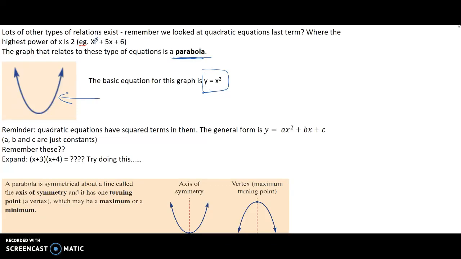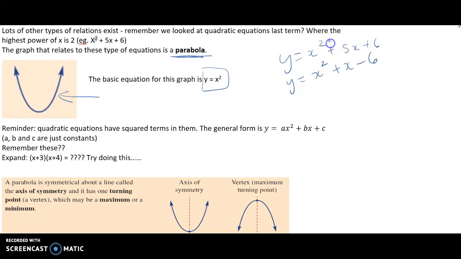Now when we get y equals x squared plus 5x plus 6, or y equals x squared plus x minus 6, and lots of different variations, it doesn't mean that it's not a parabola. We still have the x squared.